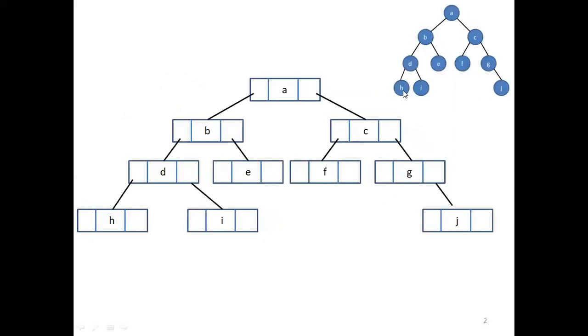Here A is the data, then the left child pointer and right child pointer. The left child pointer is holding the memory address of node B, and the right child pointer is holding the memory address of node C. Similarly, for node B also there is one left child pointer and one right pointer, which is holding the address of the right child.